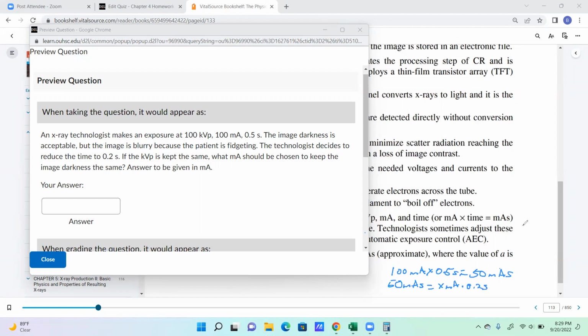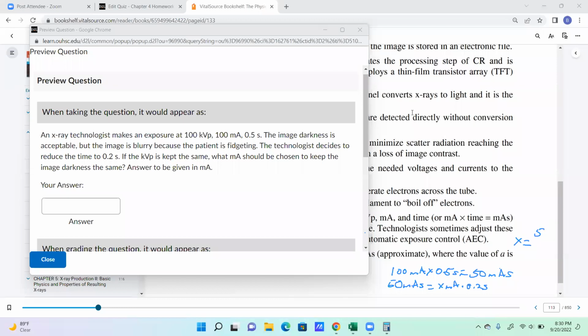And when you do that, X, in this case the number of MAs, is going to be 50.